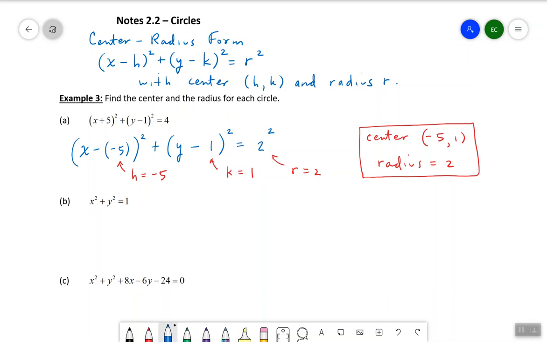The next example maybe is just a little different. Looks like maybe there's no h or k at all. Can you see what we're going to do about that? I guess we'll write it out again. We'll write x minus 0 squared plus y minus 0 squared is equal to 1 squared, which is the same as 1.